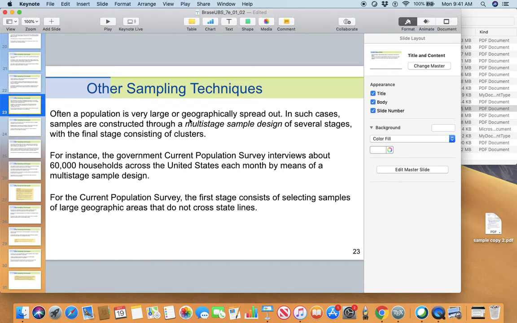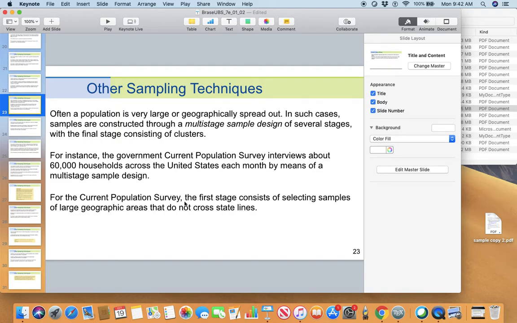Often a population is very large or geographically spread out. In such cases, samples are constructed through a multi-stage sample design of several stages, where the final stage consists of clusters. For instance, the government Current Population Survey interviews about 60,000 households across the United States each month by means of a multi-stage sample design.